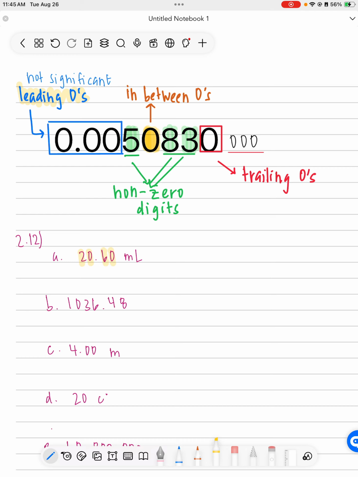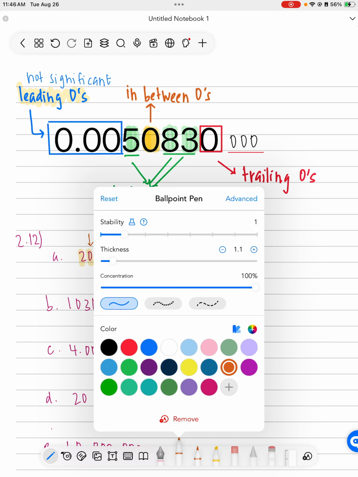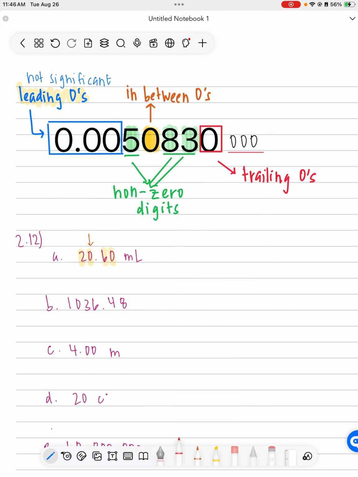These are all significant. Right here, we have an in-between zero, which is significant. And right here, we have a trailing zero, which is significant. So for this number, we have 4 sig figs, or you can put SF, for significant figures.